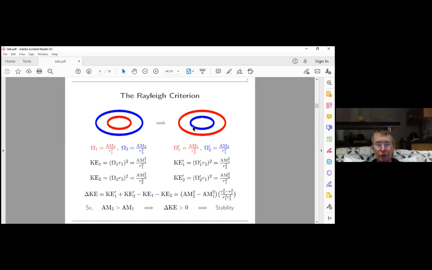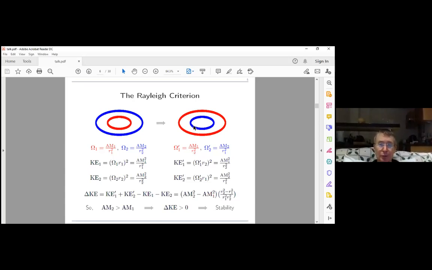Now, if you do this interchange in a purely axisymmetric way, so you just let the inner ring expand and the outer ring contract, and you have them swap places like this, then purely hydrodynamically, you have angular momentum conserved, not just globally.